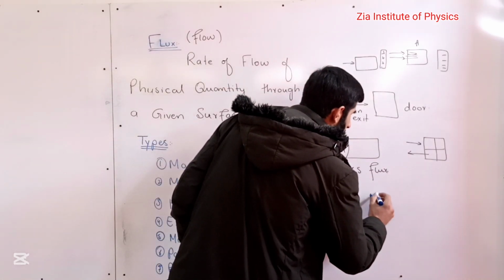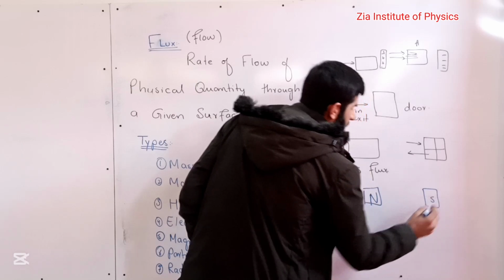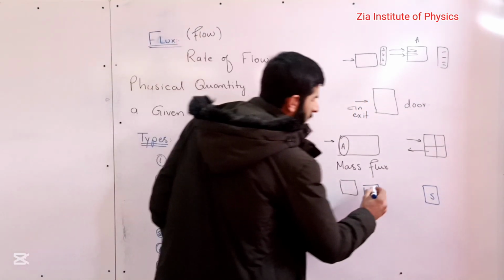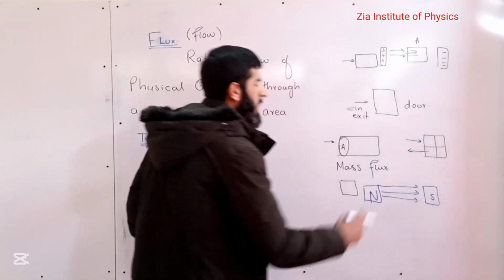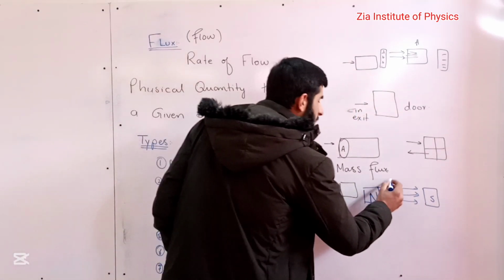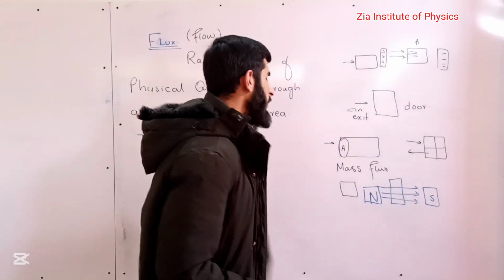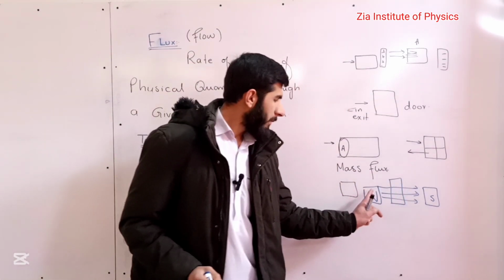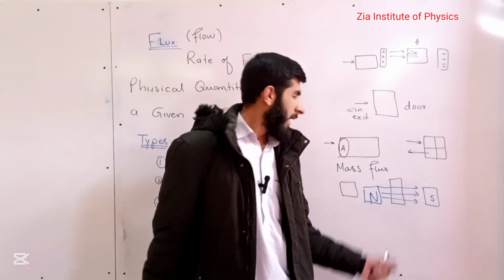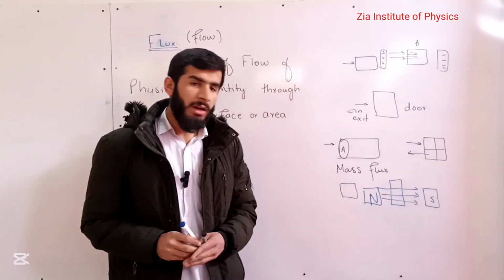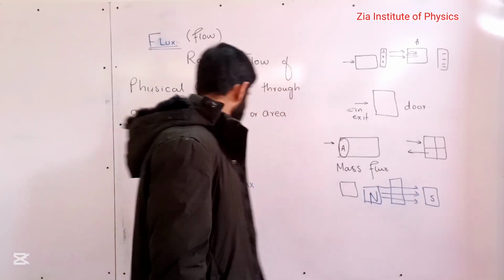For example, this is the north pole of a magnet and this is the south pole of a magnet. Surely the magnetic field lines will go from north to south. If I place an area here in between these two poles, the magnetic field lines will pass across this area, and this passage of magnetic field lines will be known as magnetic flux.